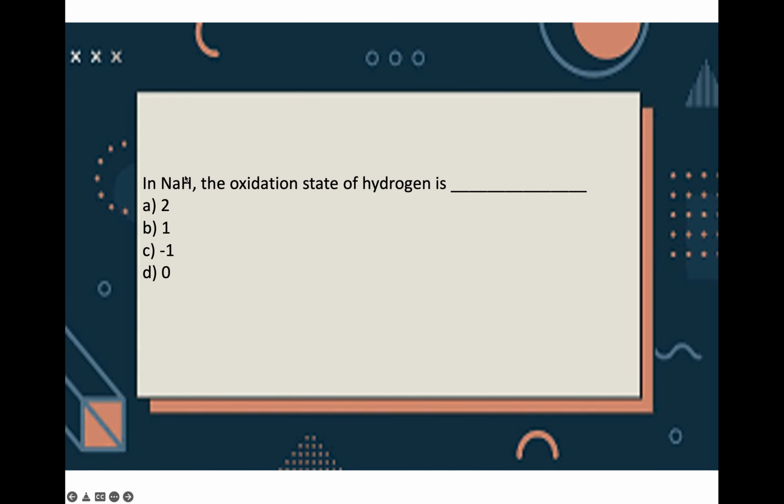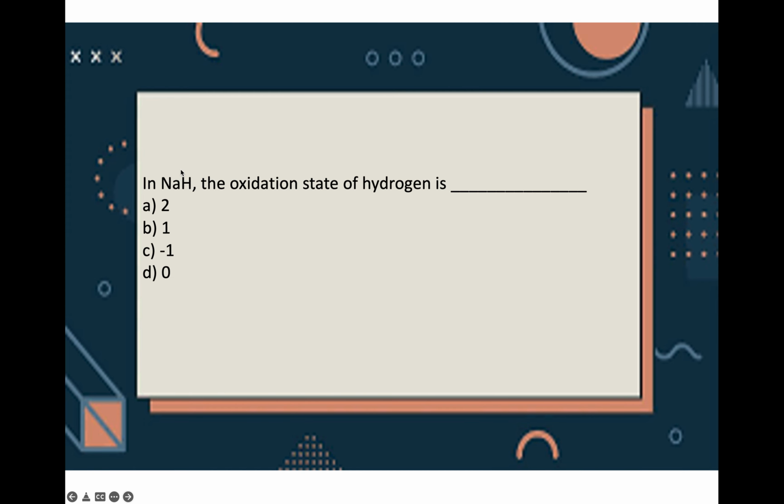So mostly hydrogen always shows the oxidation state of +1, but here sodium is a metal, so it loses 1 electron and becomes Na+. So in exceptional cases like NaH, sodium has an oxidation number of +1. So the total when you add should be 0.